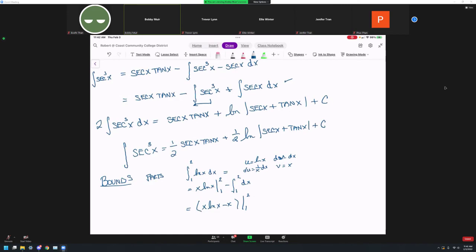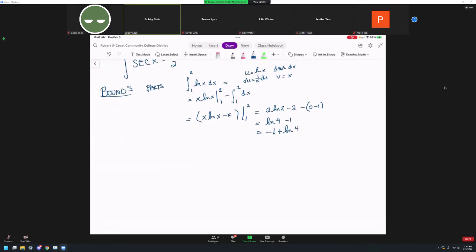So this is going to be equal to 2 natural log of 2 minus 2, minus log of 1 is 0, minus 1. So it looks like that's the natural log of 4 minus 1. This is one of the few times where I would put the -1 over there. Okay, so you just deal with bounds accordingly.